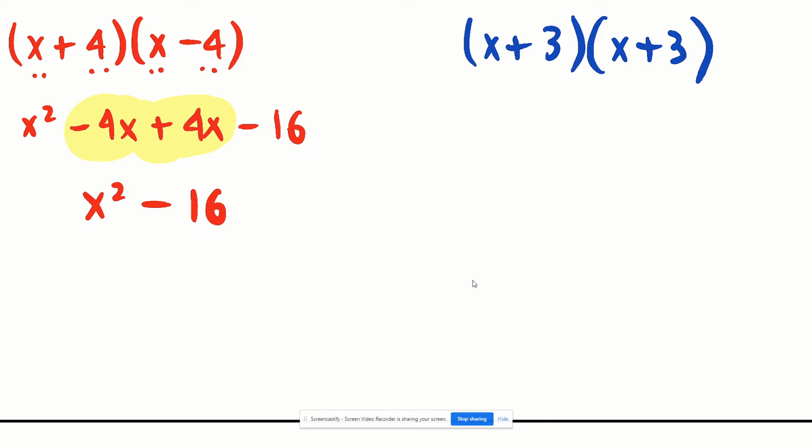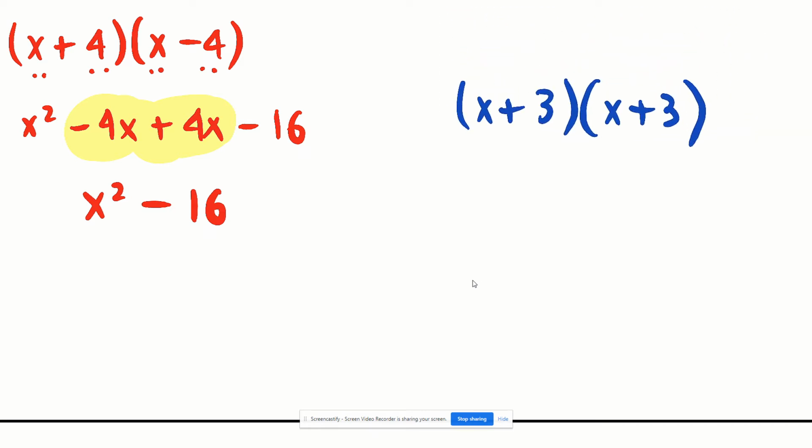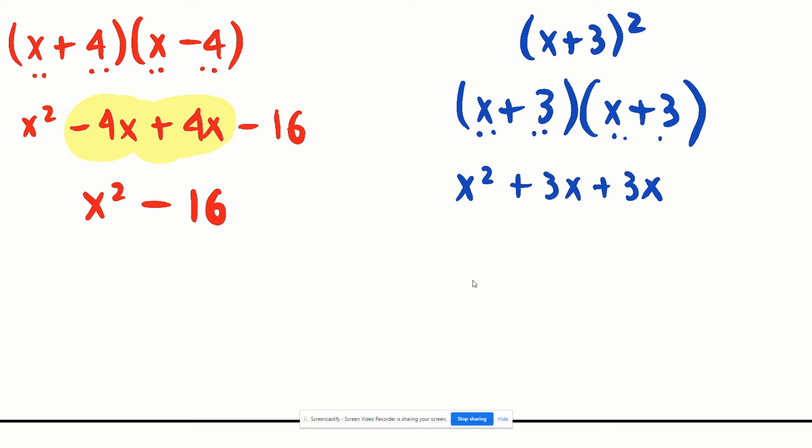I hope that you remember these are the ones that can be written also as x plus 3 squared. This is called a perfect square trinomial. What happens is you got x times x, x squared. x times positive 3, plus 3x. Plus 3 times x, positive 3x once again. And then positive 3 times positive 3 is positive 9.